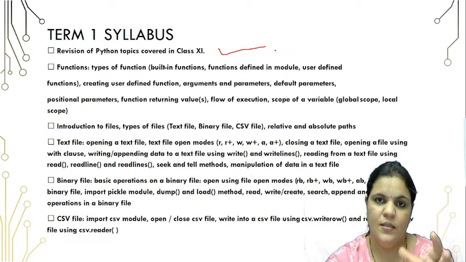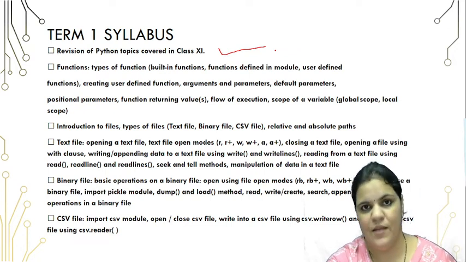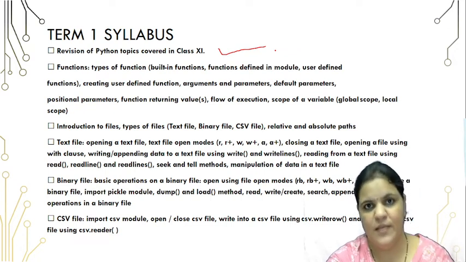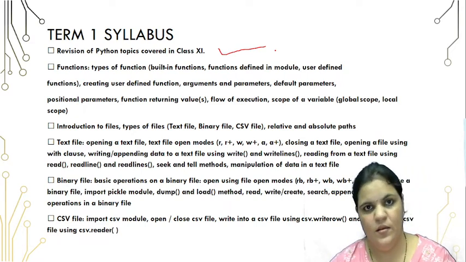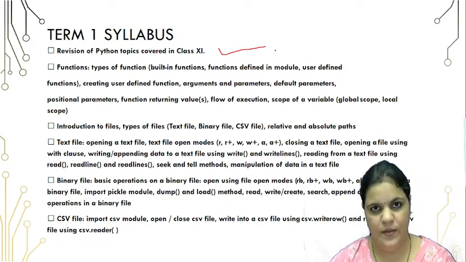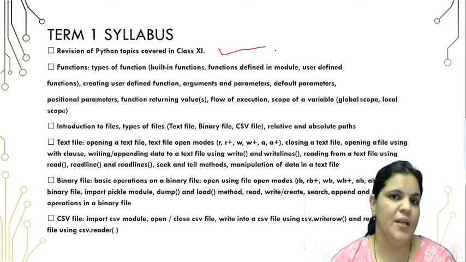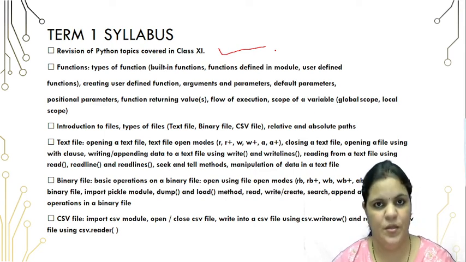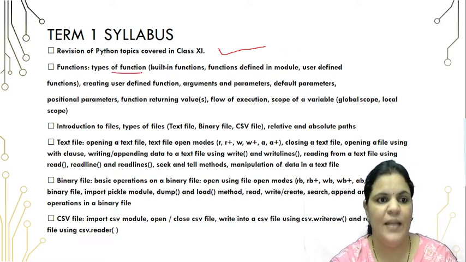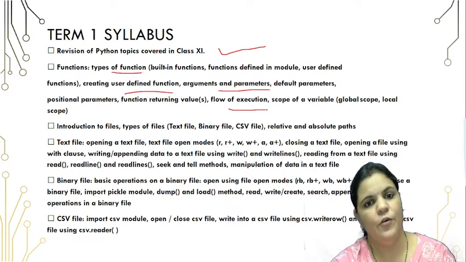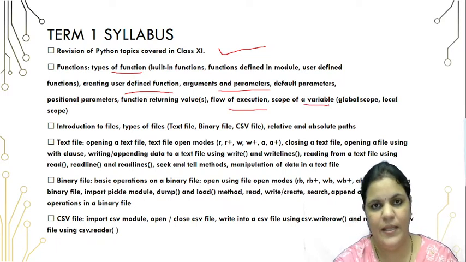Because the Python you studied in class 11th constructs a base for the topics you will study in class 12th. So both are equally important. That's why one unit is the Python revision tour. The next unit is functions, in which we will cover types of functions, user defined functions, arguments, flow of execution, scope of a variable, etc.